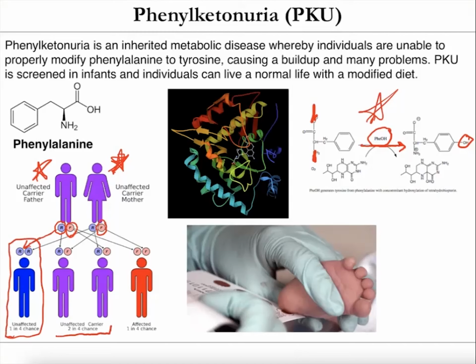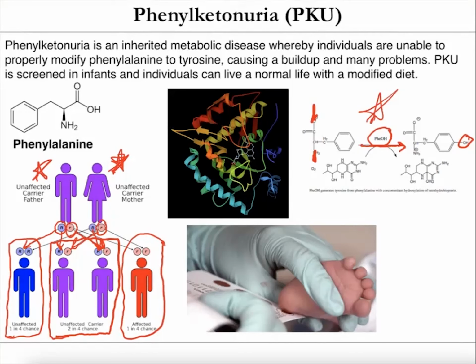There's a 50-50 chance that the child will be unaffected but will get the good gene and also a copy of the recessive mutated gene. So that would make a 50% chance that the children of two unaffected carriers would themselves be unaffected carriers. Now, unfortunately, there's also a 1 in 4 chance that the child will be affected, that they will inherit both of the genes for this protein that do not function properly.